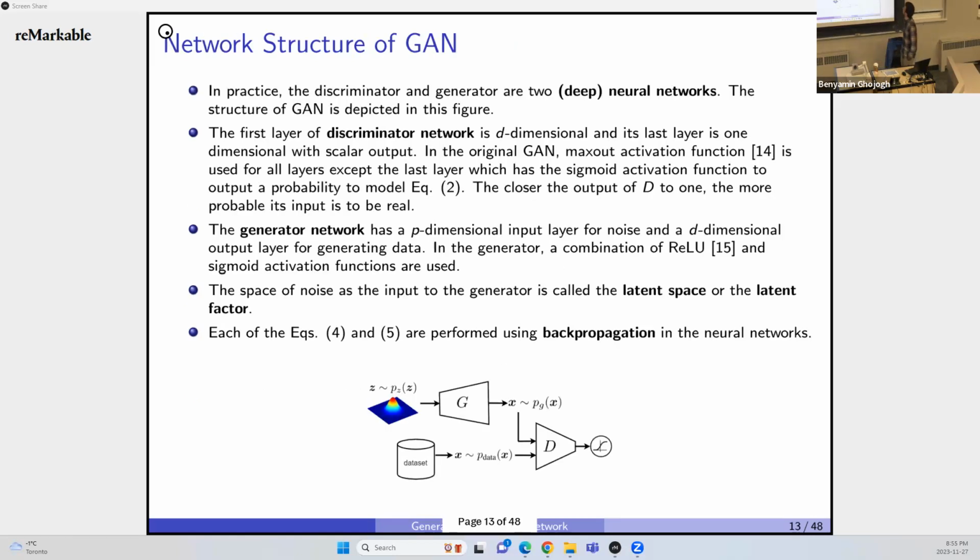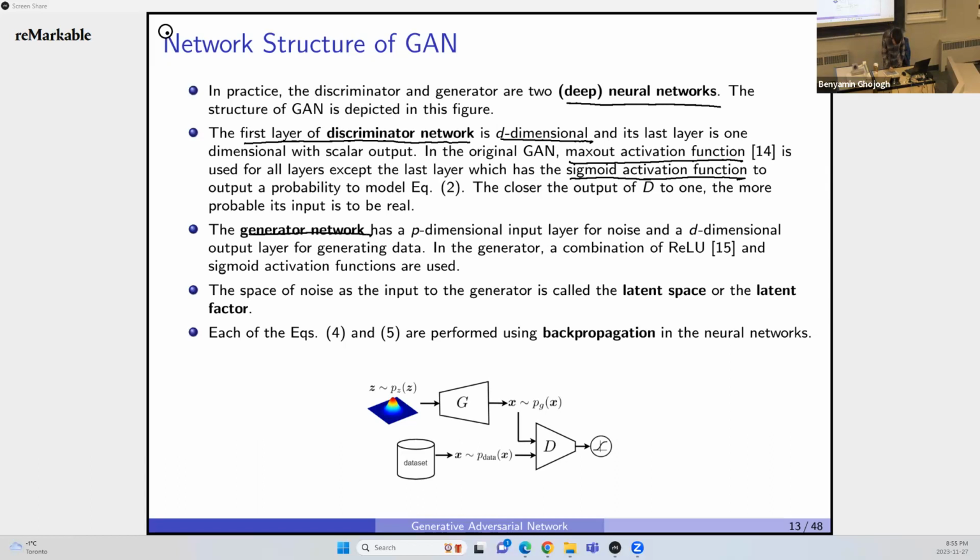Network structure of GAN. We can have deep neural networks for the generator and discriminator. The first layer of the discriminator network is d-dimensional. If it is an image, then the discriminator is a convolutional neural network. They use the maxout activation function in the original GAN, but later they changed it, and a sigmoid activation function at the end.